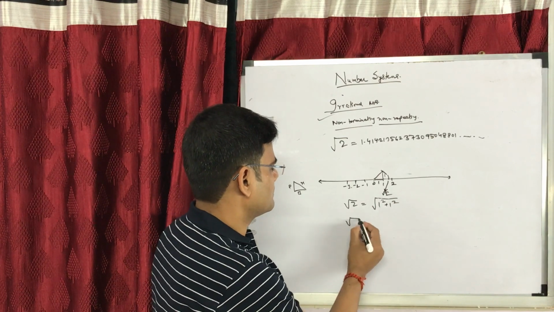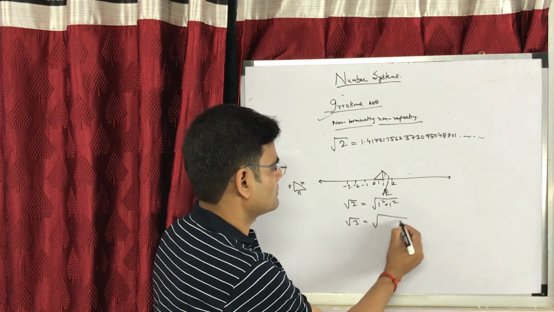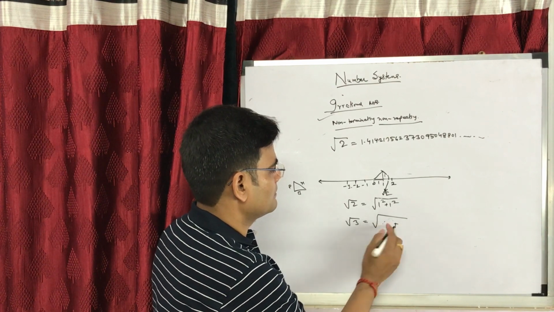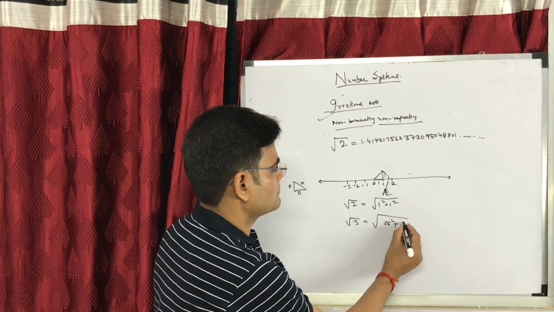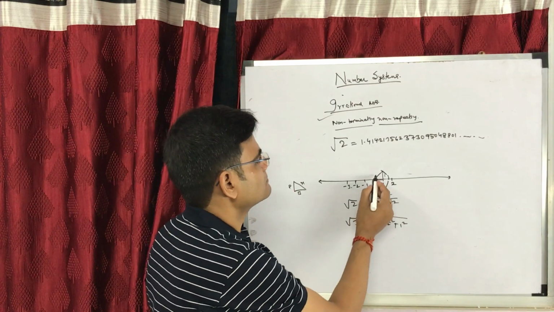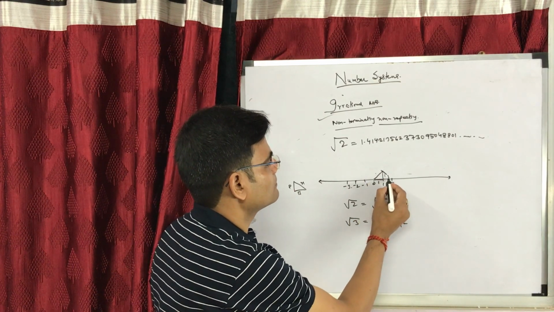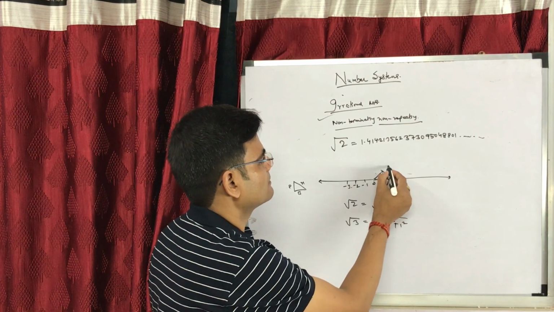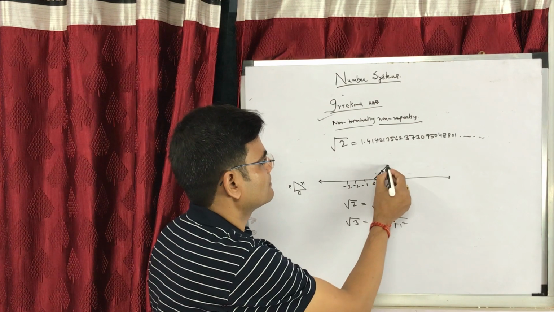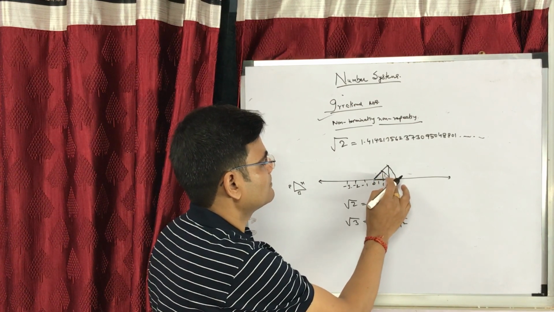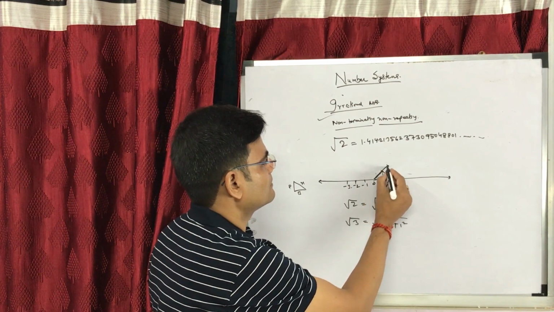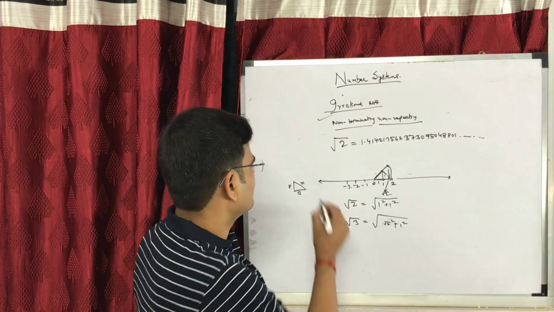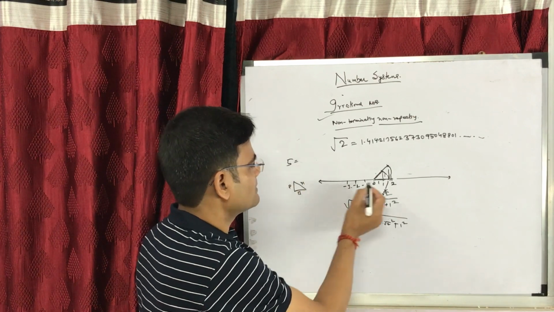If you are asked root 3, break it into 2 squares. This is root 2 square plus 1 square, which is 2 plus 1, 3. So this hypotenuse, you know is root 2. Take this length, draw that length, join this. So for any number, if it is 5, represent it on the number line.